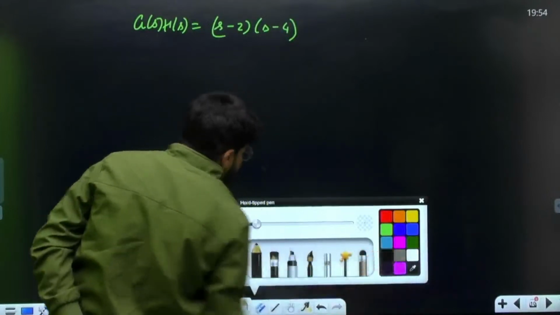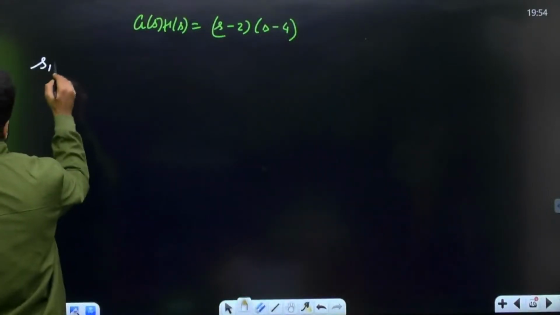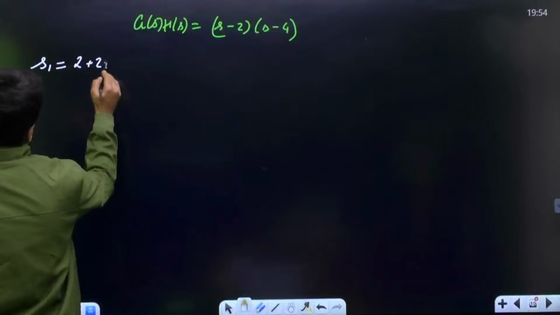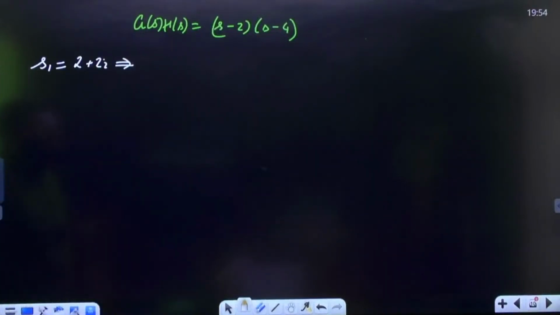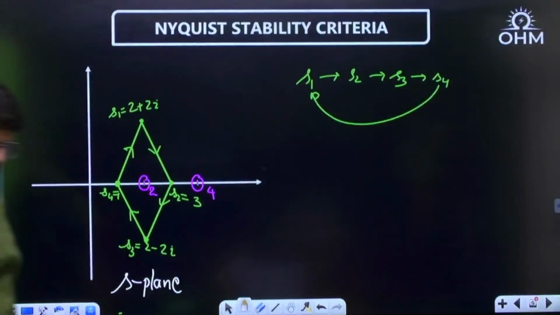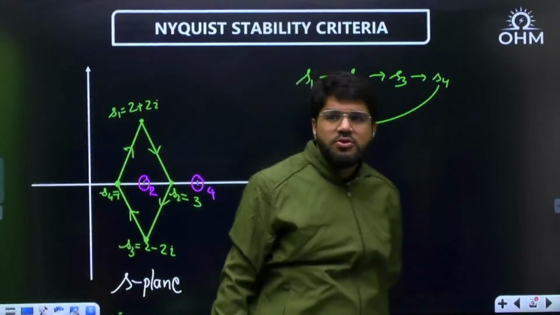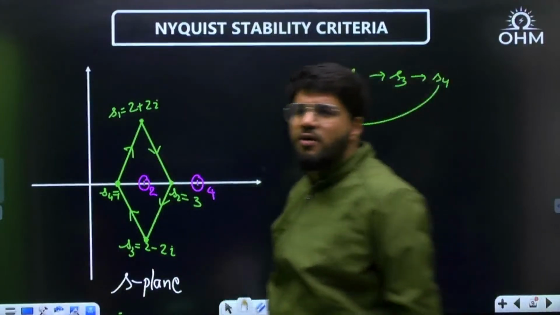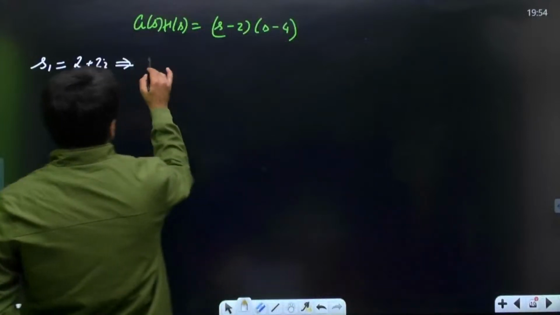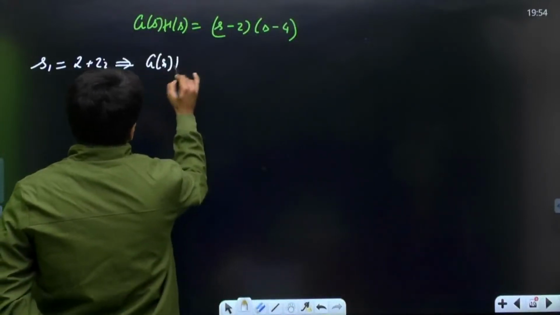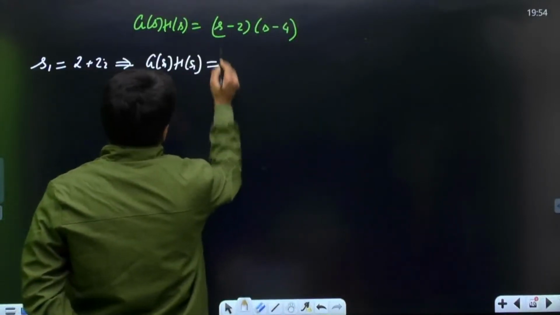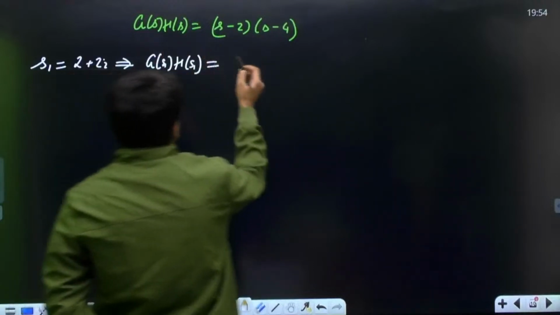What is the first value of S, dear? I have taken 2 plus 2i, correct? The value of S I have taken as 2 plus 2i. If this is the value of S, what is G(s1)H(s1)? Substitute the value now. What is the value of the function here?